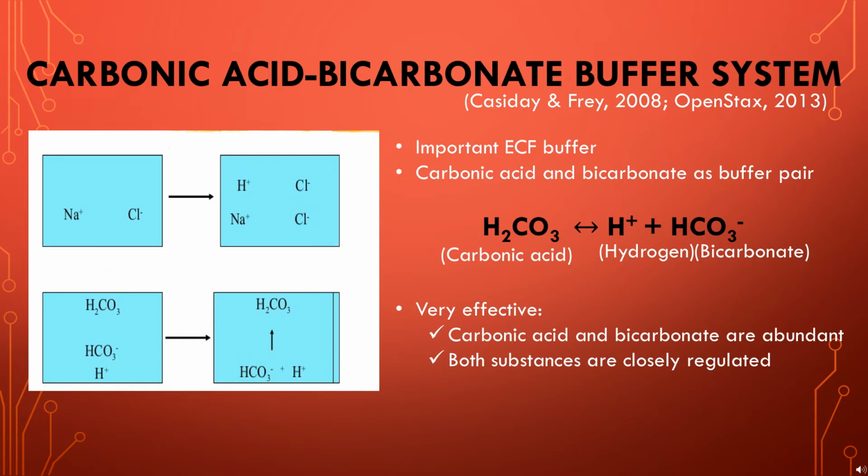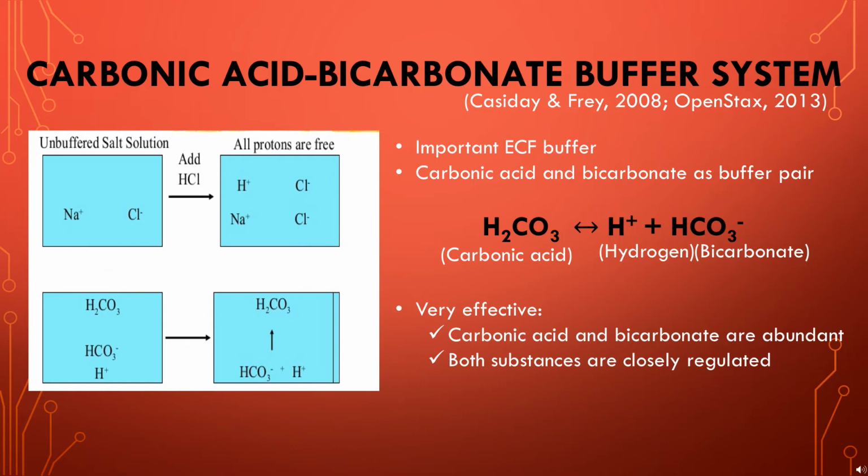To better understand the effects of this particular buffer pair, let us consider an example. Say, for instance, that there is an unbuffered solution. If a strong acid such as hydrochloric acid is added to this solution, all the dissociated hydrogen ions remain free in the solution.